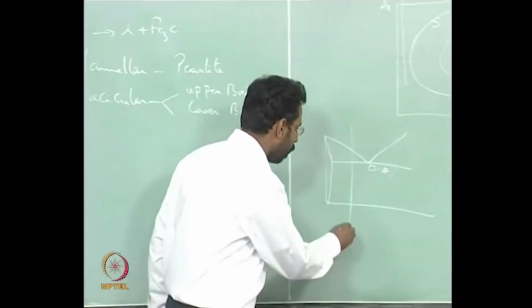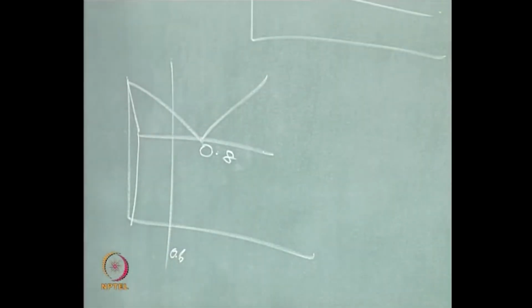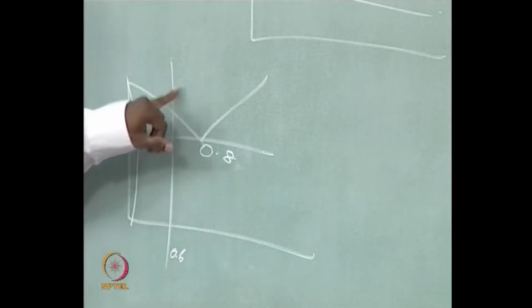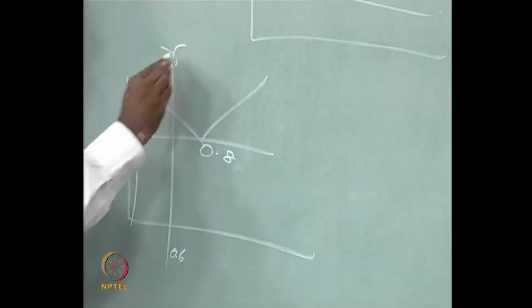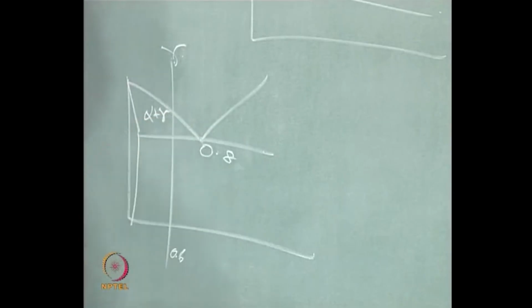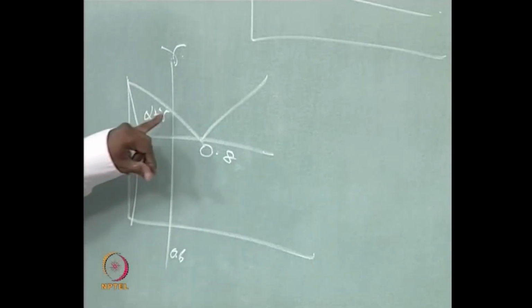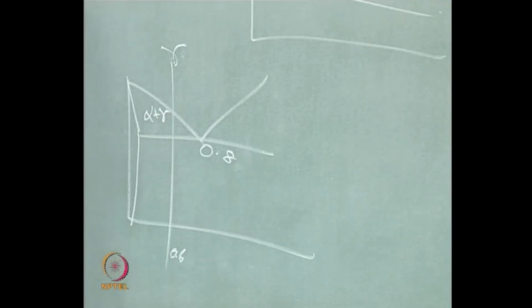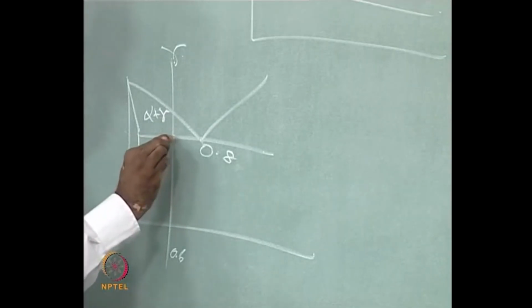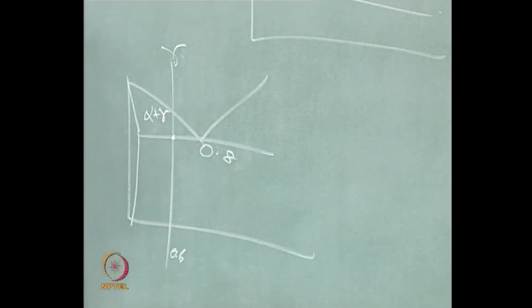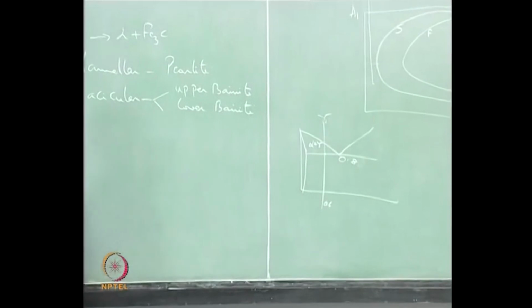If I take something like 0.6%, in principle this alloy, as you cool from gamma, gives you alpha plus gamma first, and then as you cool down, the amount of alpha will increase, and once you reach this temperature you will have some alpha plus gamma, and the gamma will undergo this transformation. This is what is known to us.